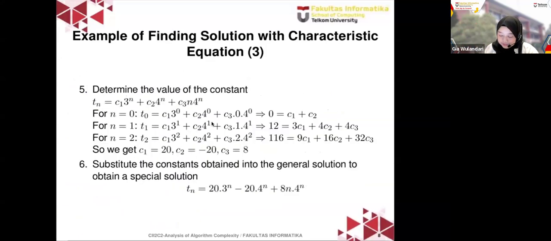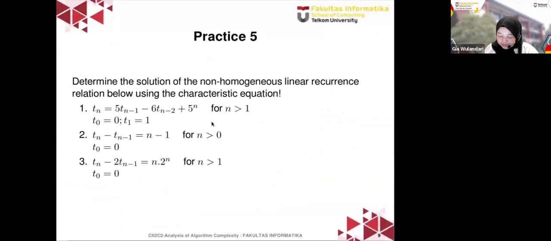So this is another example for it. For the first one, we will have Tn minus 5 Tn minus 1 plus 6 Tn minus 2 equals 5 to n, right? And it means b is 5. The polynomial is 1, so the degree is 0.